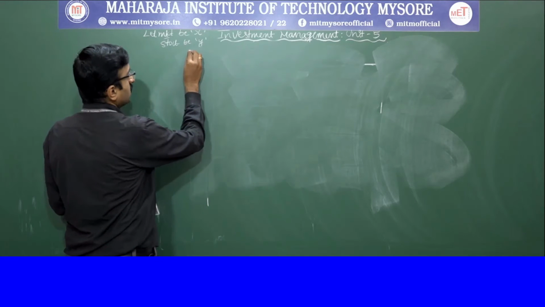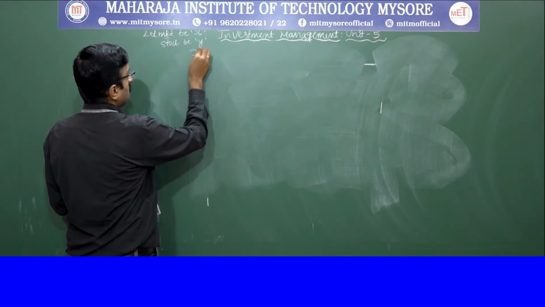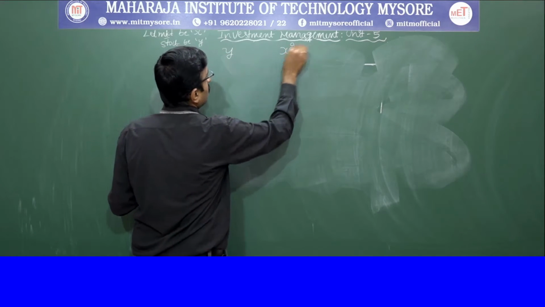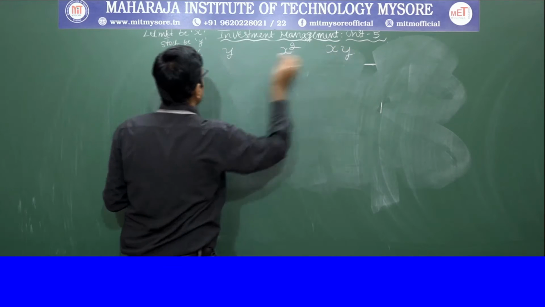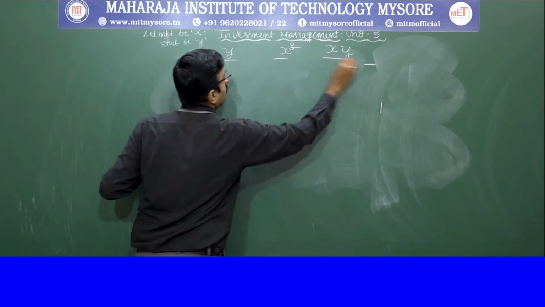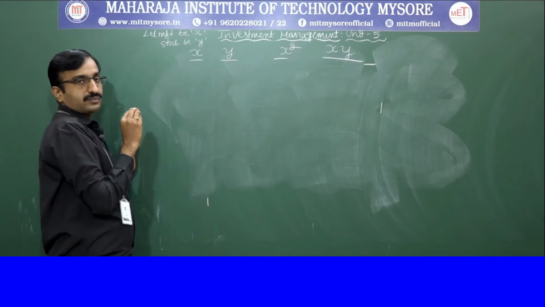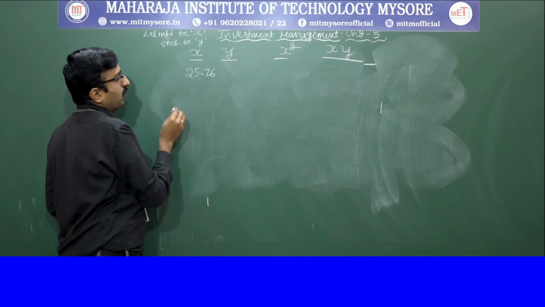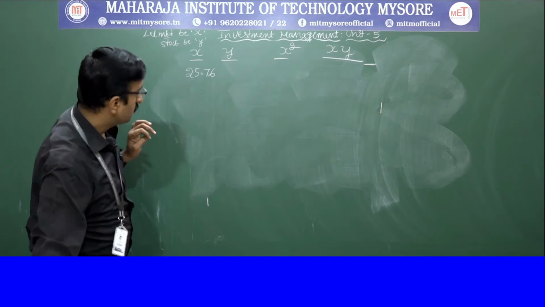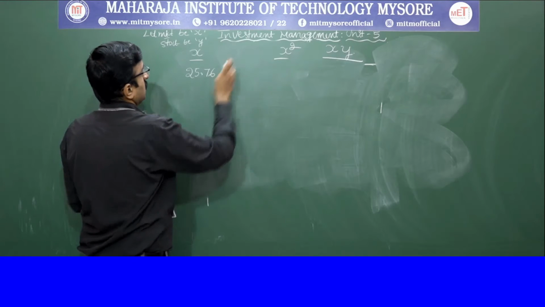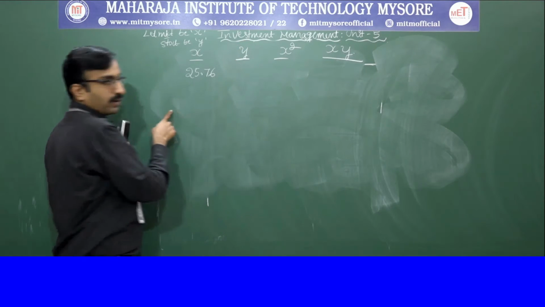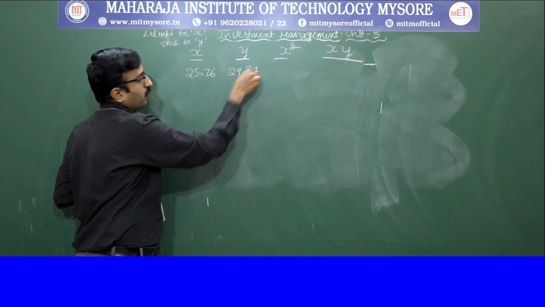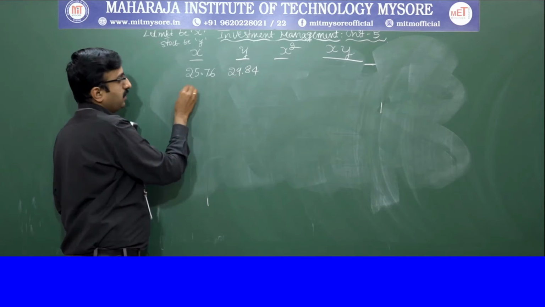You take the values of X, you take Y, go for X square, then XY, because we need those for calculation of beta. So 25.76 we got as X, and 29.84 for Y.